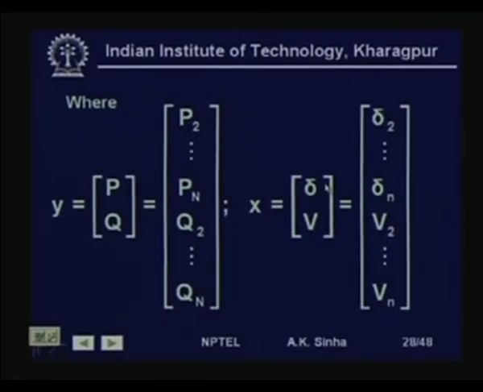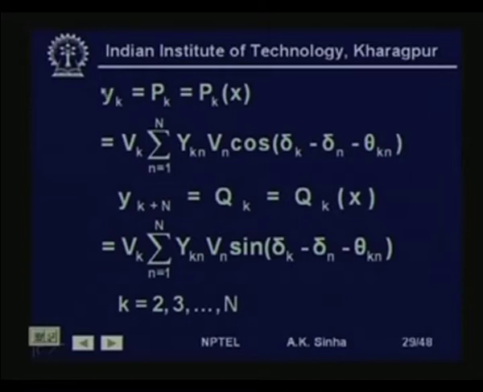So, x is our delta and V, which is delta 2 to delta n and V 2 to V n. Again, we have y k equal to P k, which is a function of x, written as the same expression as we have written. And y k plus n is Q k.